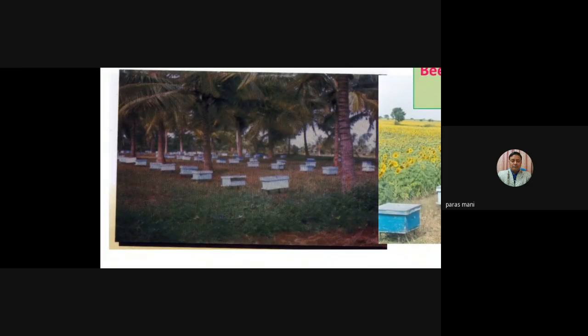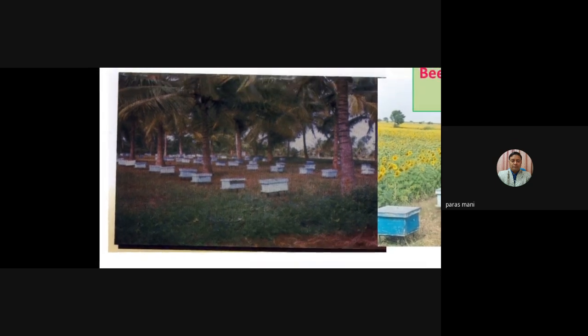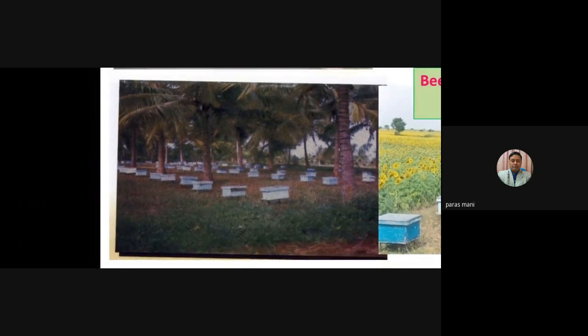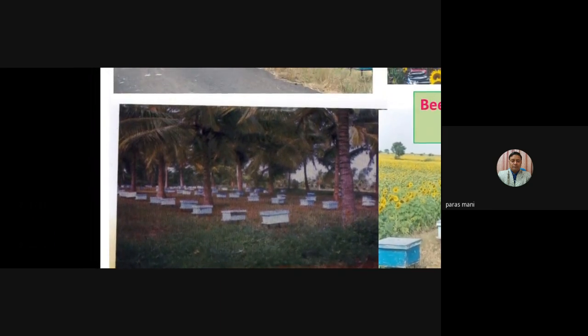The beekeeper identifies the future potential foraging sites. See, you can see this is a coconut plantation where flowers are available throughout the year.